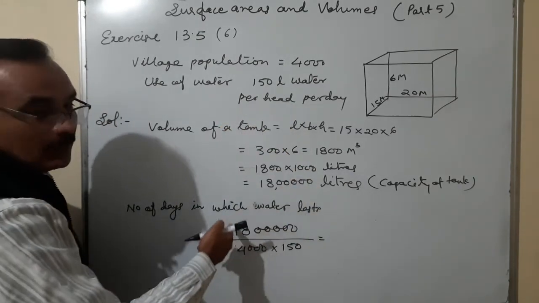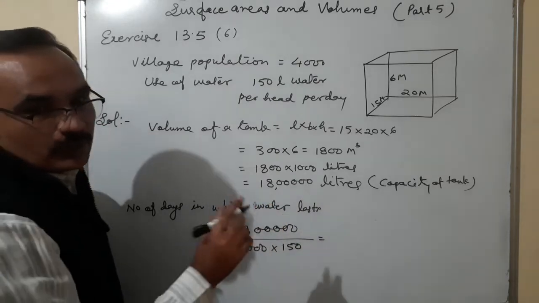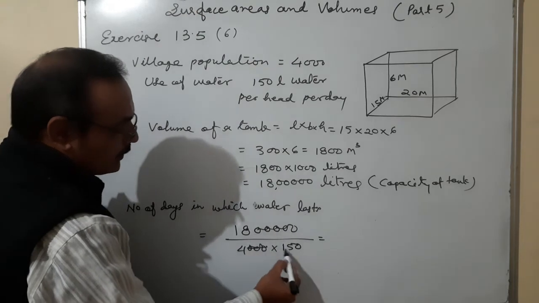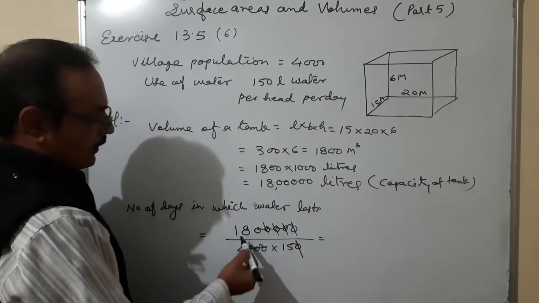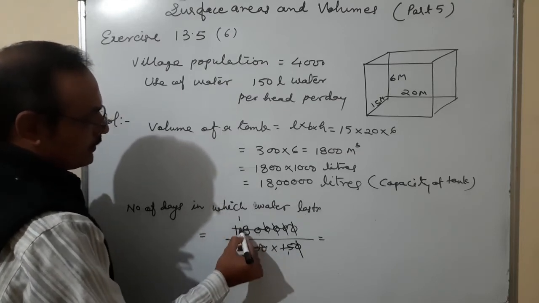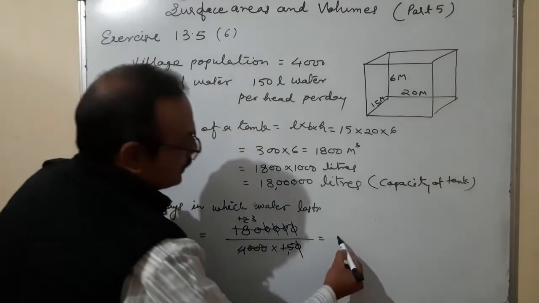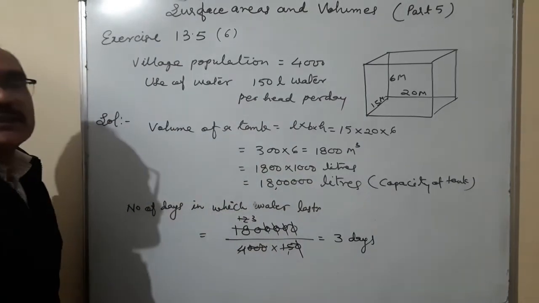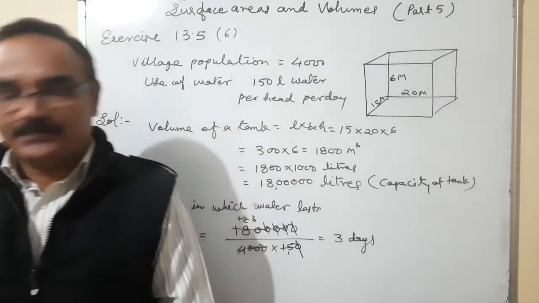So that's why I have converted this into liters also. Now both the units you can see, numerator and denominator both are in liters. So we will cancel them. Cancel 1 2 3 plus 1 4, and after that 15 ones are 15, 15 twos are 30, and 4 threes are 12. 3 days. Okay. So that means how many days in which the water lasts? 3 days.